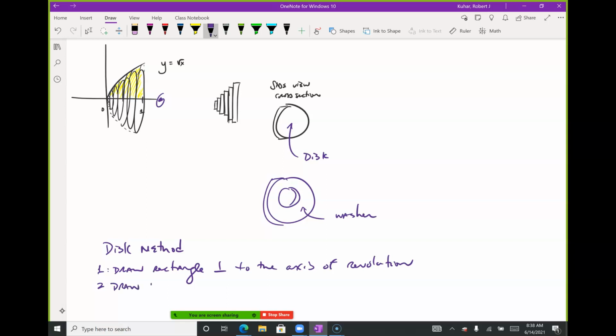Draw the 180-degree ghost. This is my terminology. I want to see that thing rotated down, and then the solid.